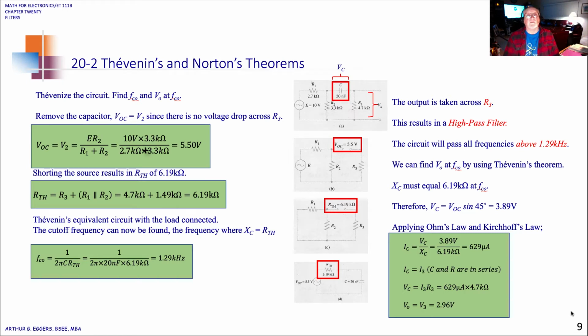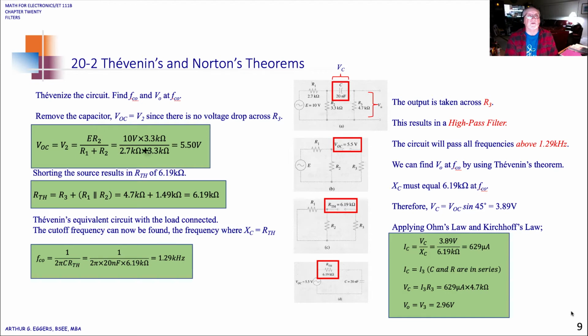As we've done before, we're going to create an open circuit. So we're going to remove the capacitor and we will have V open circuit equal to V2, since there's no voltage drop across the resistor R3. So V open circuit equals V2, which equals the product over the sum.